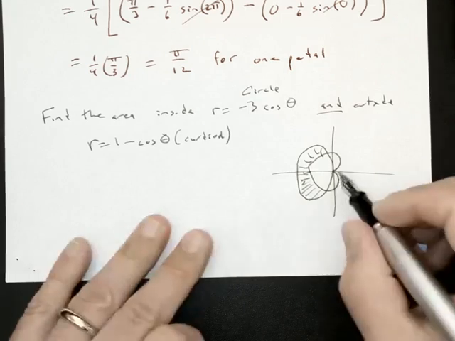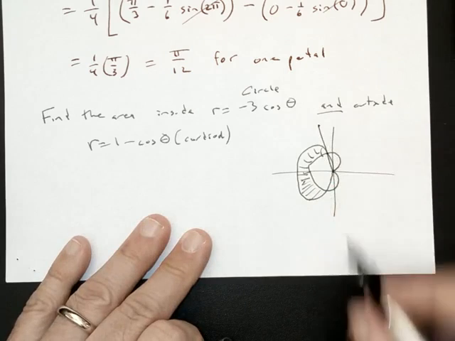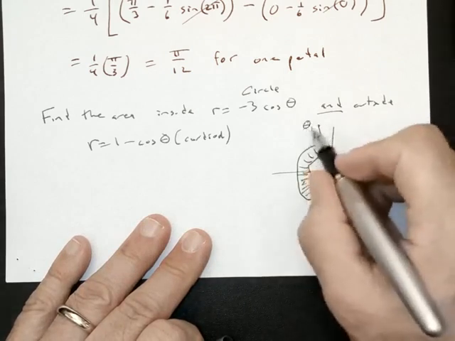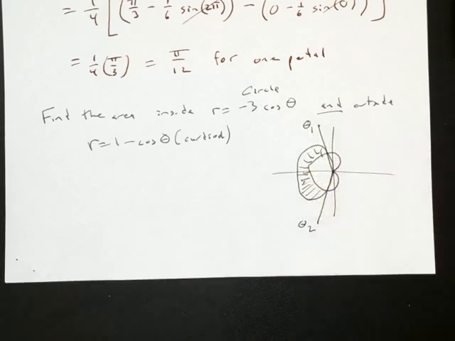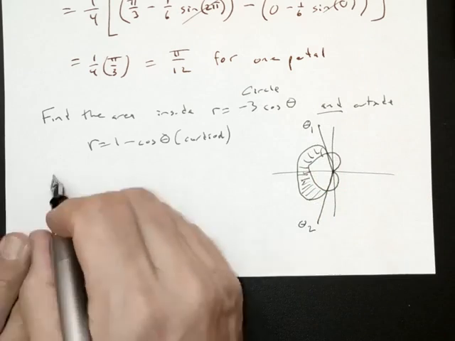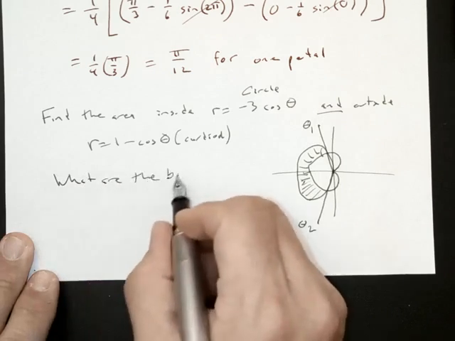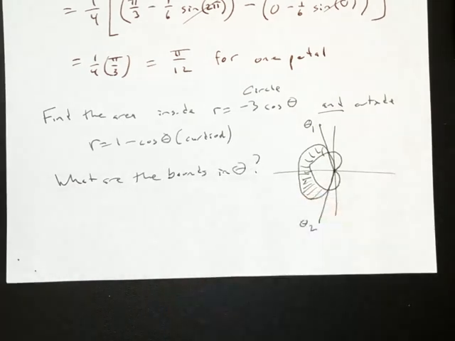There's some angle where these cross, both at the top and at the bottom. How do I find those numbers?